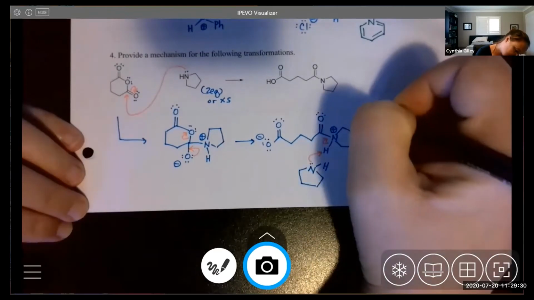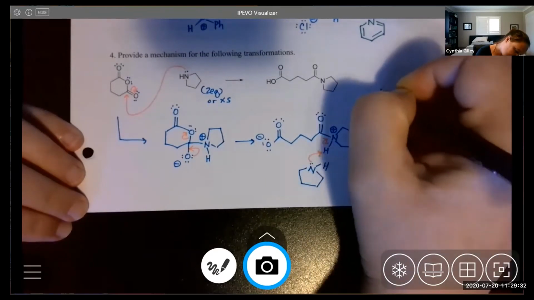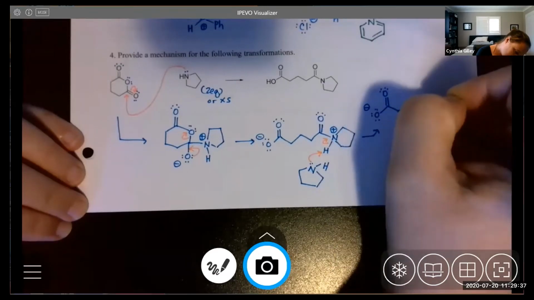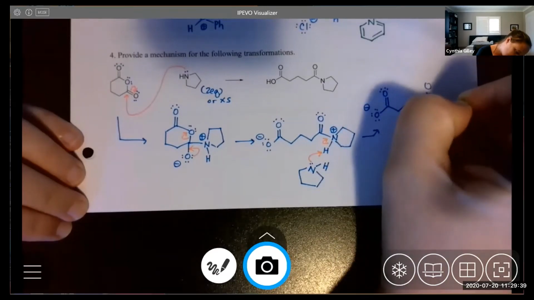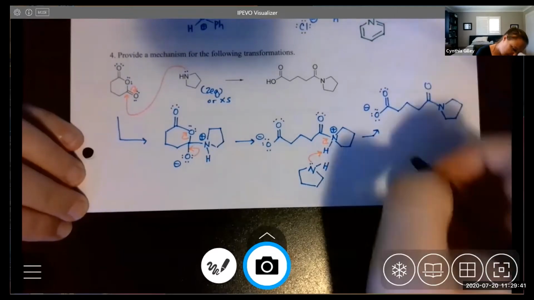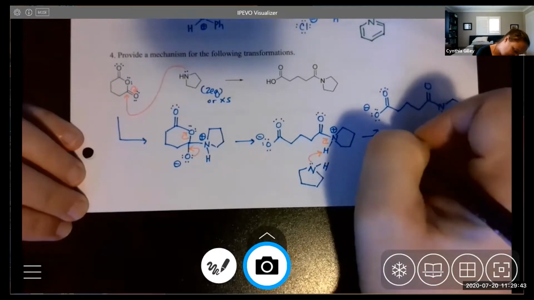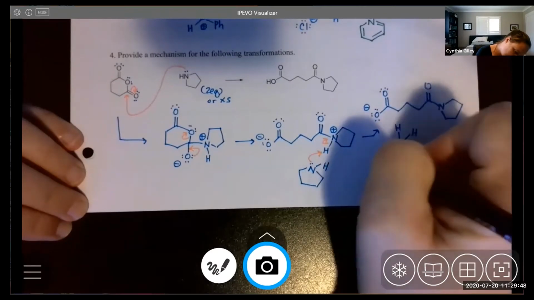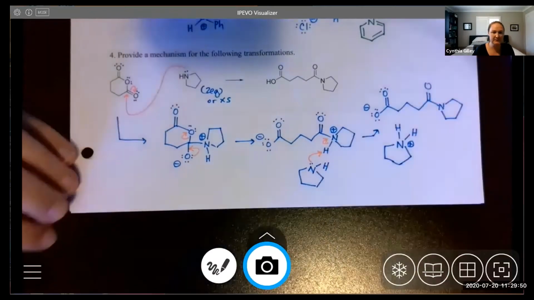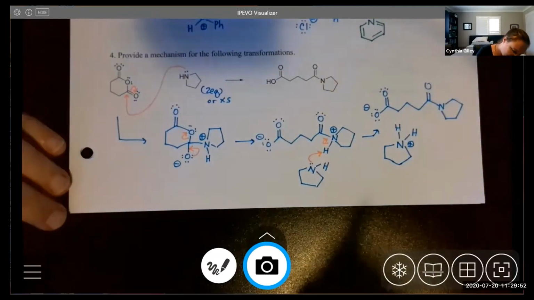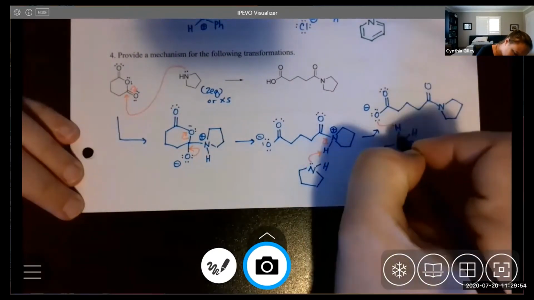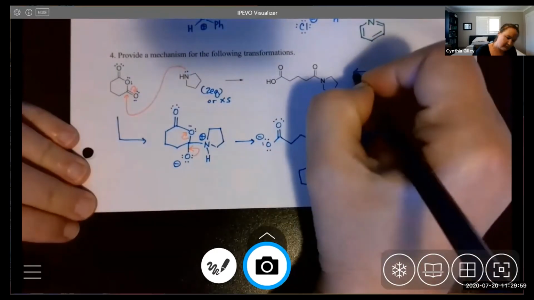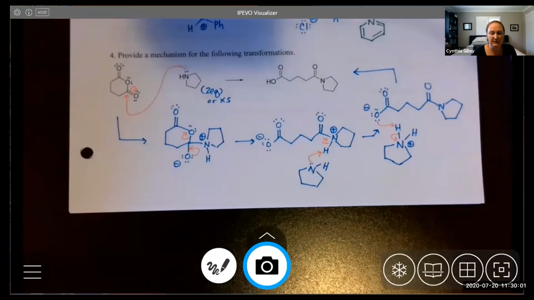Okay, so we're going to do our deprotonating. And then that will give us some protonated amine that we can use as an acid to get to the product.